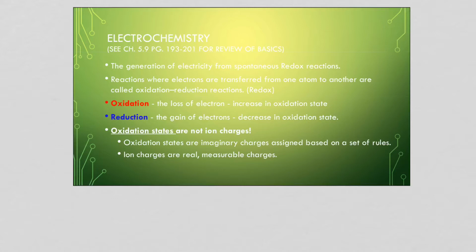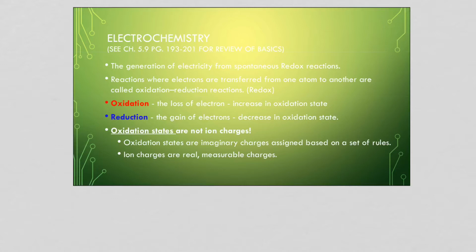So, the generation of electricity from spontaneous, what are called redox reactions. These reactions often go by different names. They'll be called electrochemical reactions, oxidation reduction reactions, or redox reactions. And these are all just different names for the same reactions. They're the reactions where electrons are transferred from one atom to another within a chemical process.